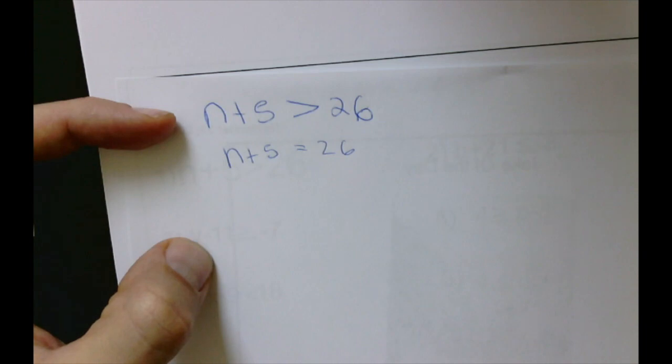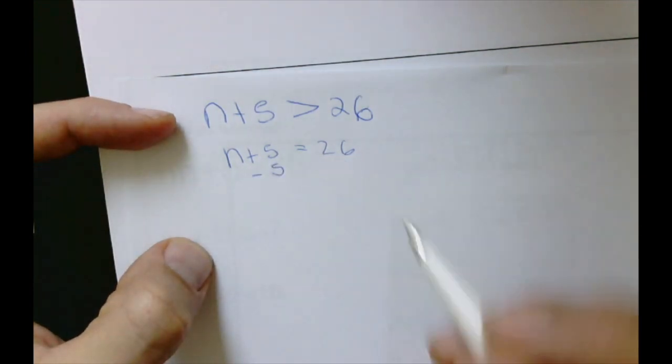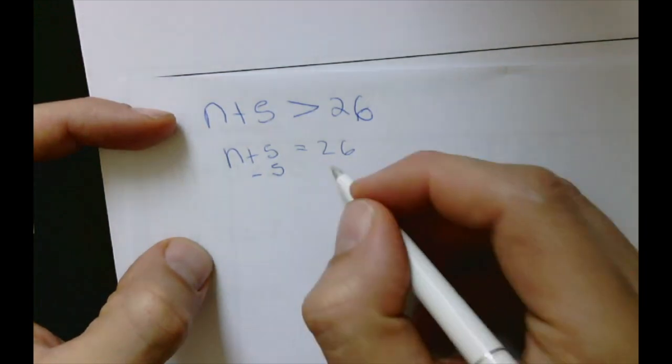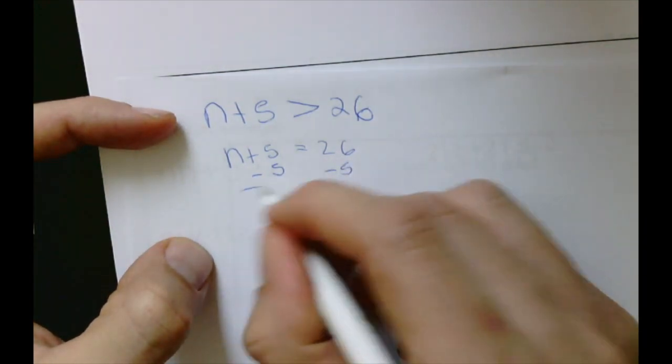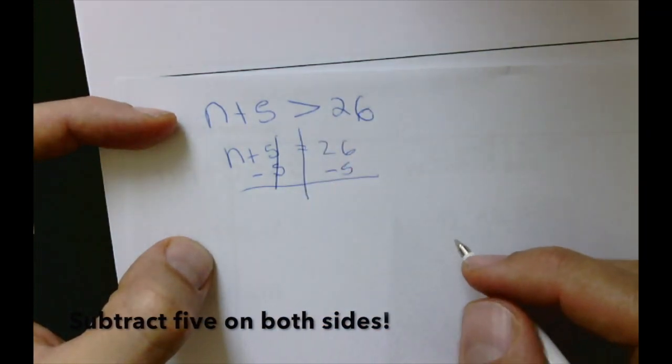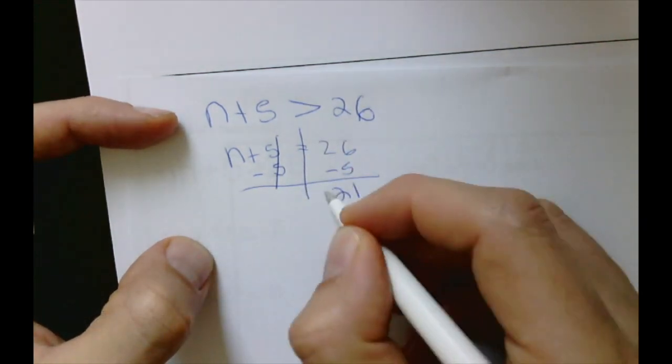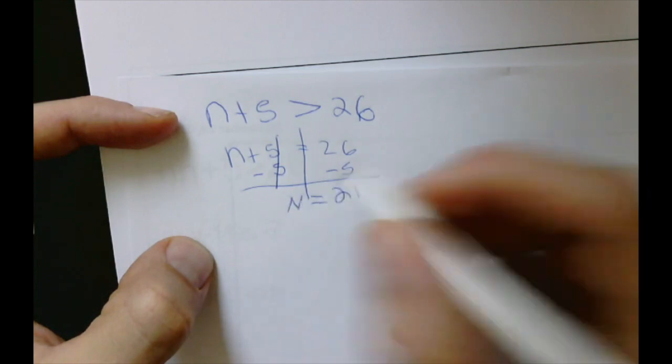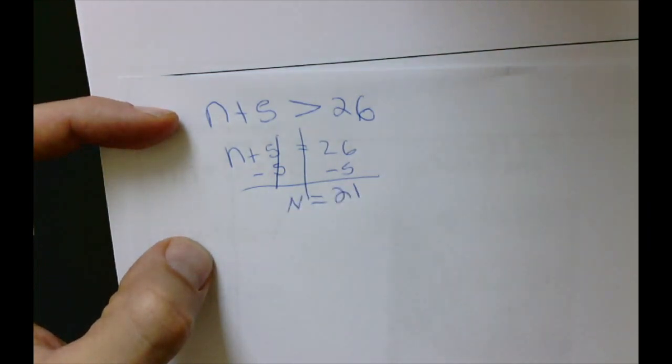Now, I'm going to go ahead and solve this like I would an equation. If I add 5 on the left side, I'm going to add 5 on the right side. 26 minus 5 is 21. So n is equal to 21.